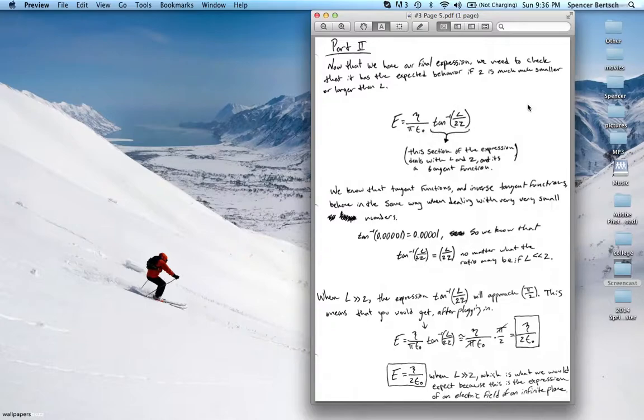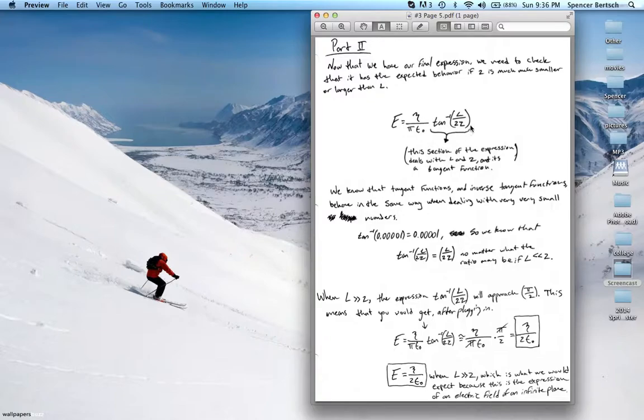over 2z. This is the only part that deals with L and Z. So if Z was a really large number and L was relatively small, then this L over 2z would subsequently be a really small number. And you can remember from mathematics that the tan inverse of a really small number is a really small number. It's the exact same number that you entered in.